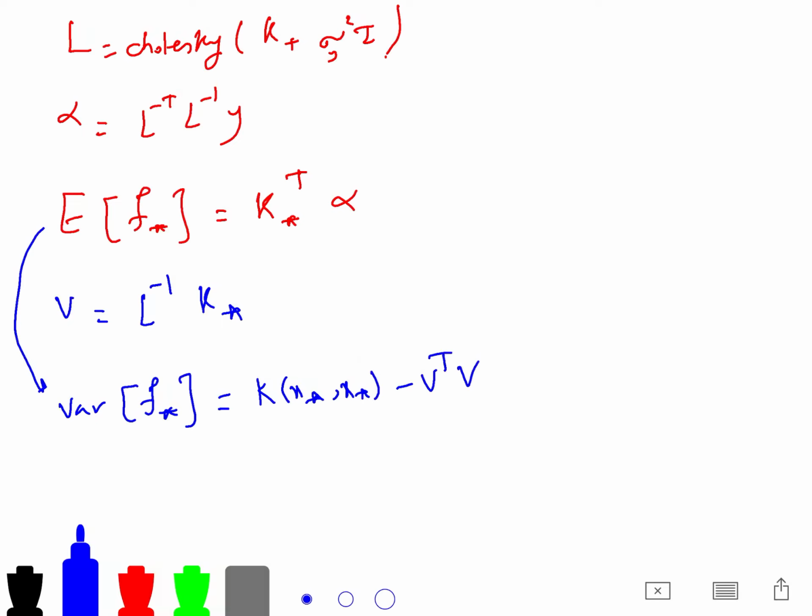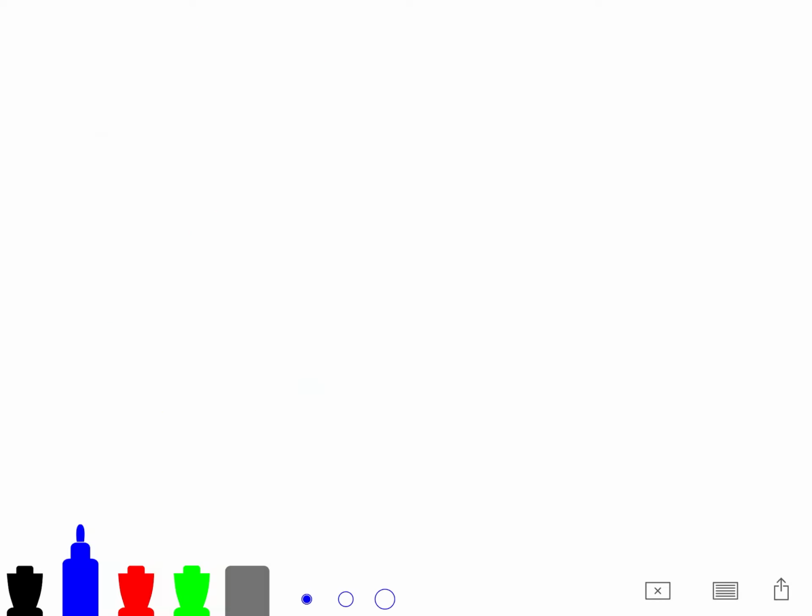And if you want, we can talk about log marginal likelihood because we need it for hyperparameter estimation. If you just want to use, for example, conjugate gradient descent, and like that. So this is the log marginal likelihood, which, as the name suggests, is just the log of y conditioned on x and theta.